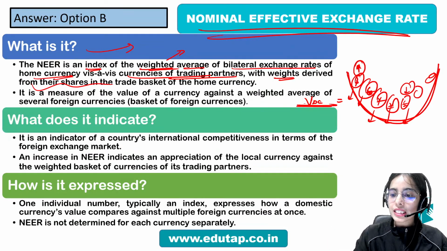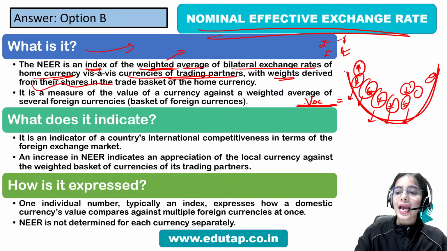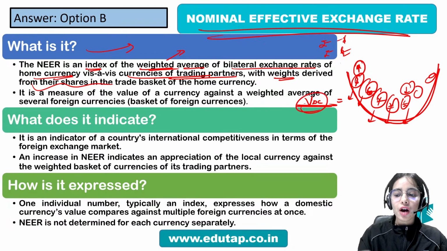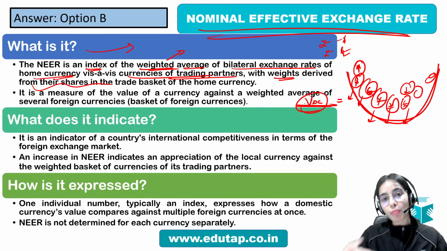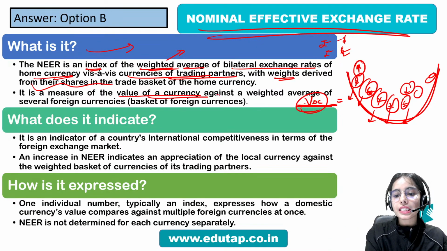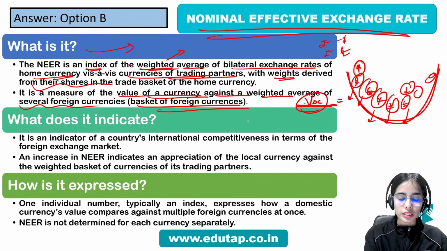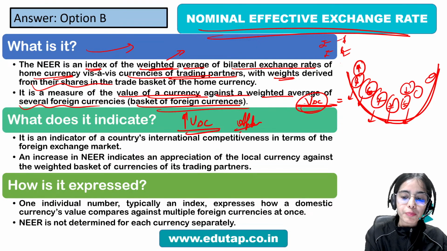So we see the value of rupees against dollars, rupees against pound sterling, rupees against euro, and so on, and then we take the weighted average to see the value of the domestic currency against the basket of foreign currencies.